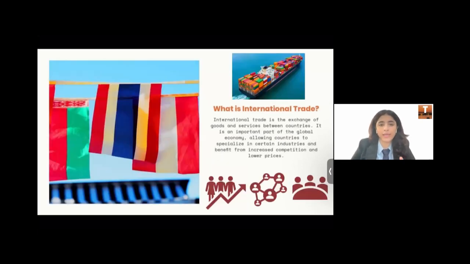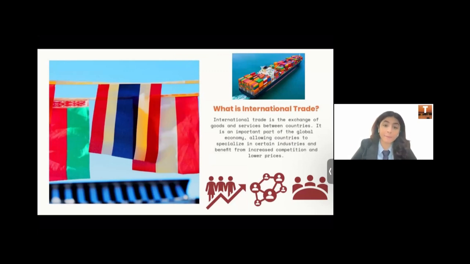Now, the next word is international trade. International trade refers to the exchange of goods, services, and capital between countries. It also involves the import and export of products and services across national borders.